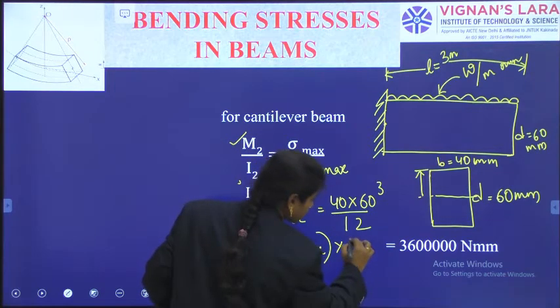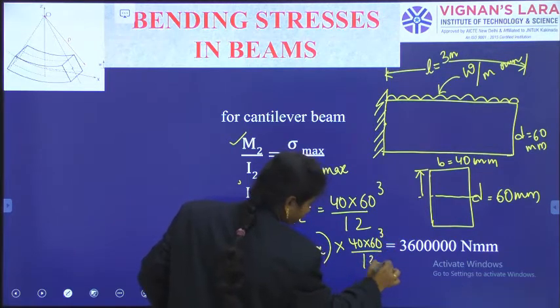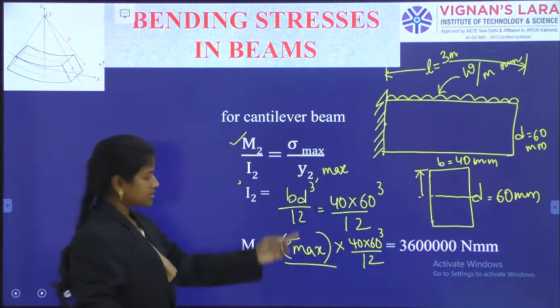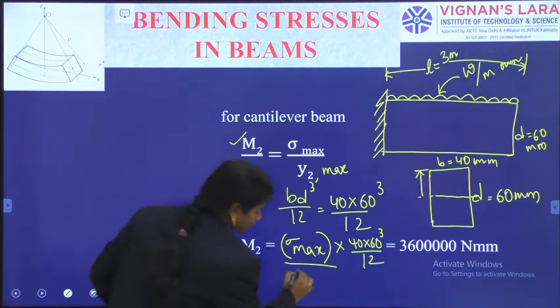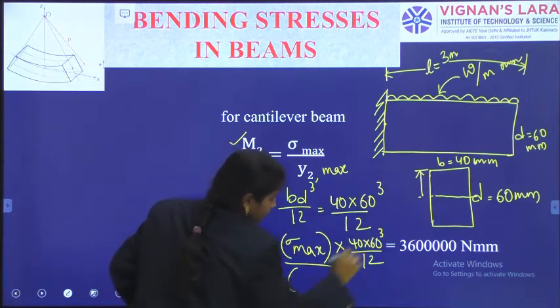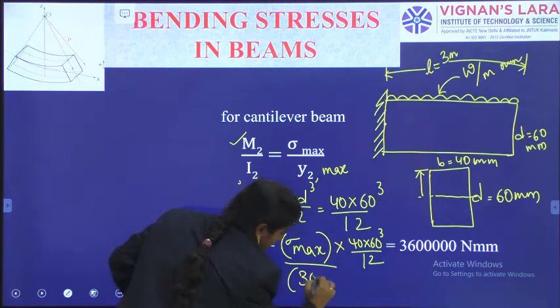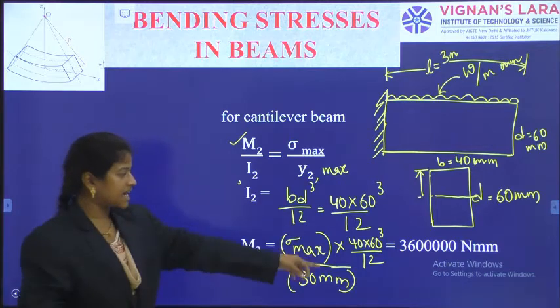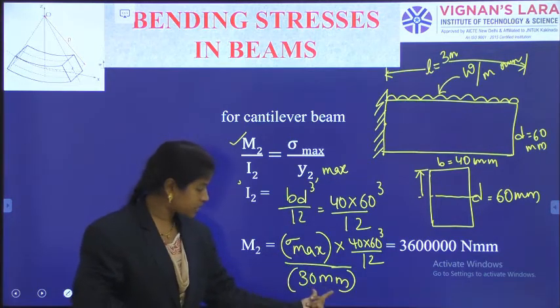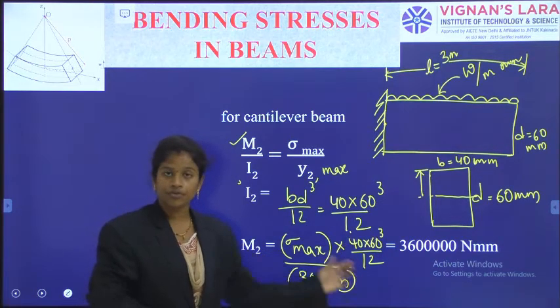Into I2, just now we have got 40 into 60 cube by 12. And M2 is equal to sigma max into I2 divided by Y2, as that is a 60 mm depth and the Y2 will be 30 mm. So using all these conditions, this is in Newton per mm square, this was in mm, this is in mm to the power 4.